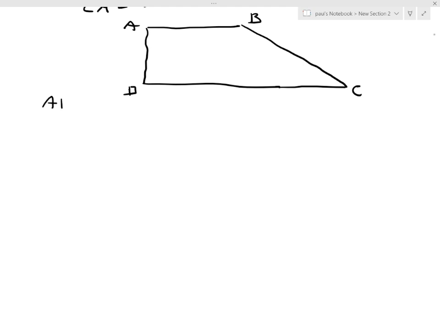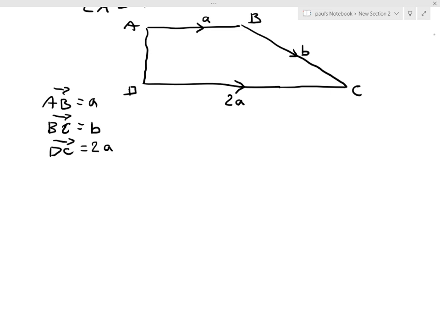A to B is equal to vector A, B to C is equal to vector B, and D to C is equal to vector 2A. So AB is A, BC is B, and DC is 2A.